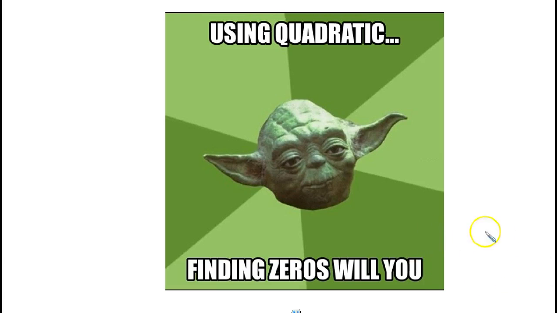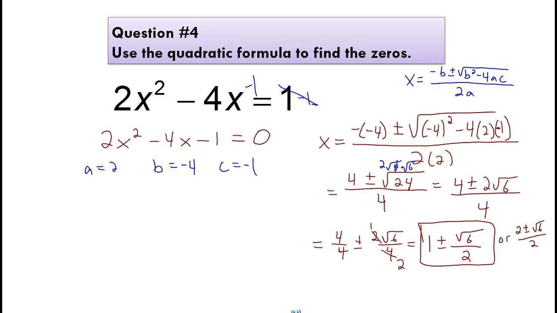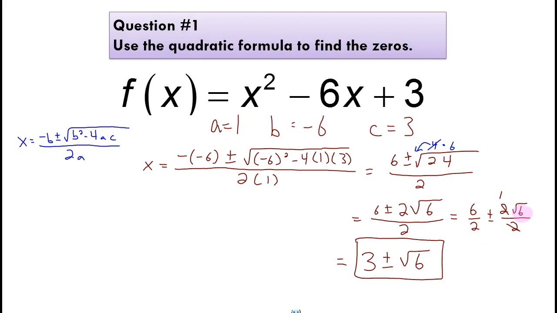I do want to point out something that is not found in the examples. In question 1, we had a root 24 and ended up with a root 6 left. If this had been like root 16 or a perfect square, I would have ended up with 6 plus or minus 4 over 2. And you actually can do that math.